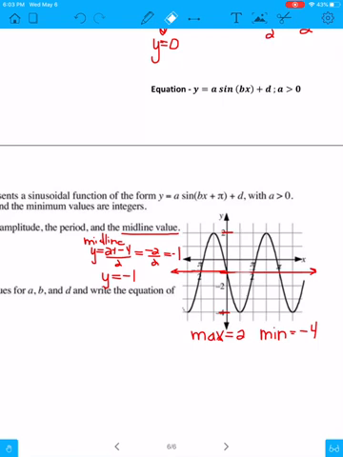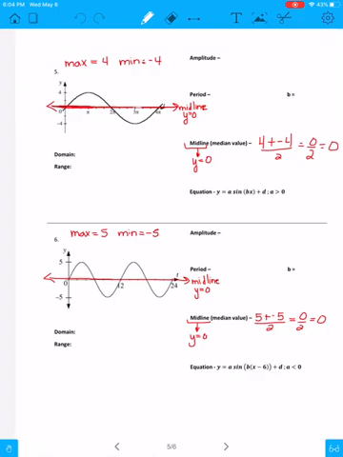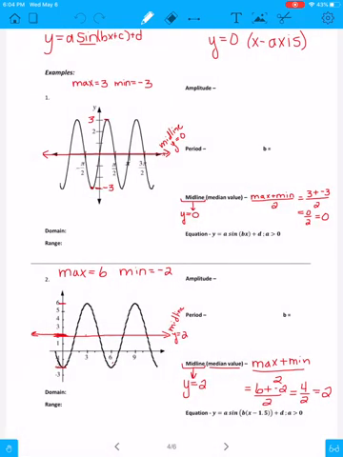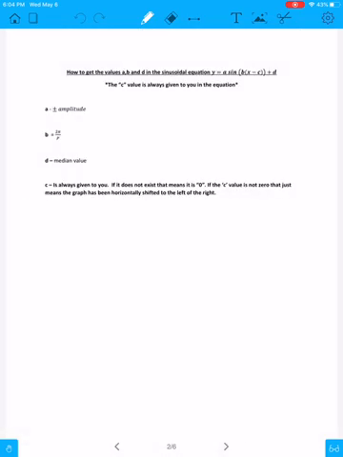Now, what I want to teach you about the midline is, if we go to page 2, because ultimately I told you we're going to have to build the right equation, the midline or the median value is the D of your equation.